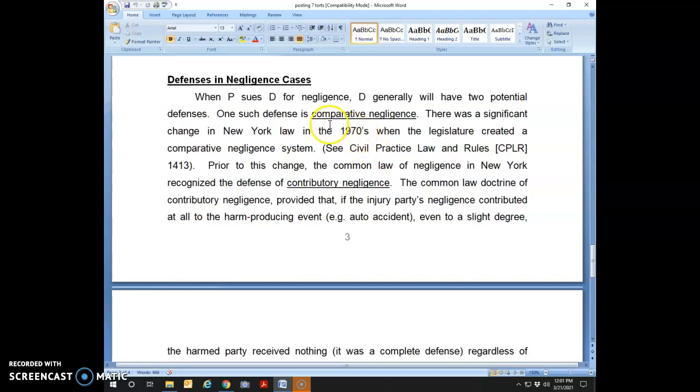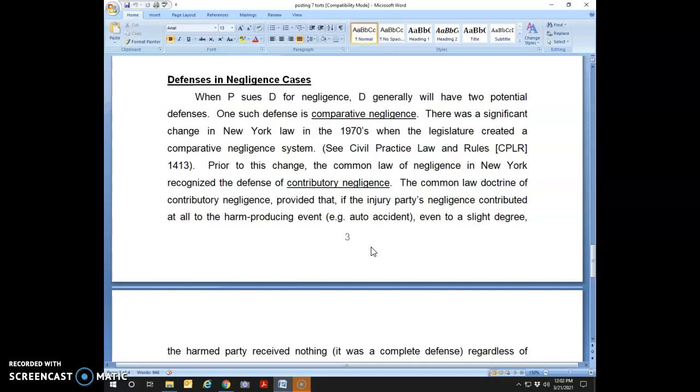Another defense would be the defense of comparative negligence. And this can come up factually in a number of different ways. Let's just take two examples. Example number one is a car crash. Not all vehicular accidents permit this analysis, but some of them do, which is both drivers were negligent.